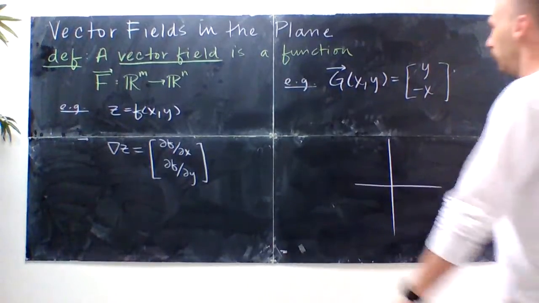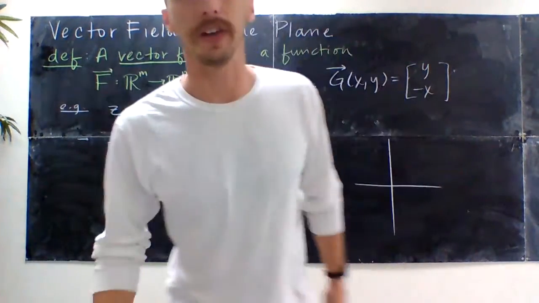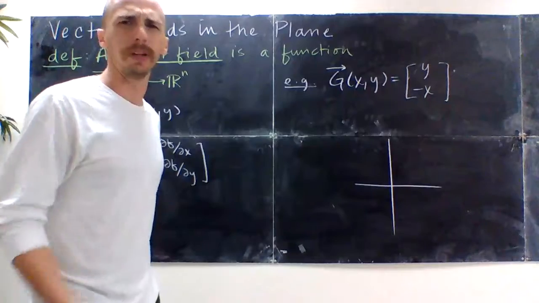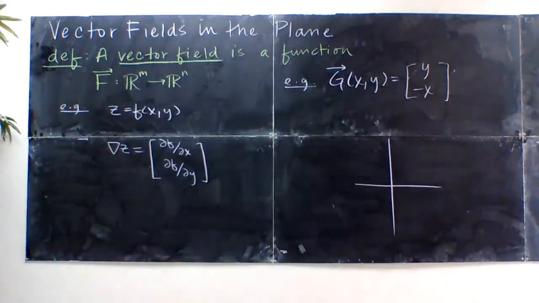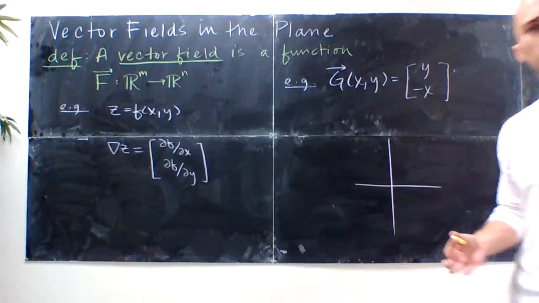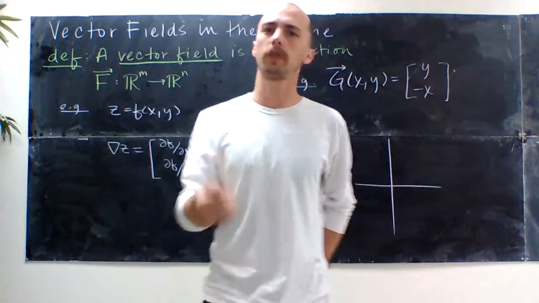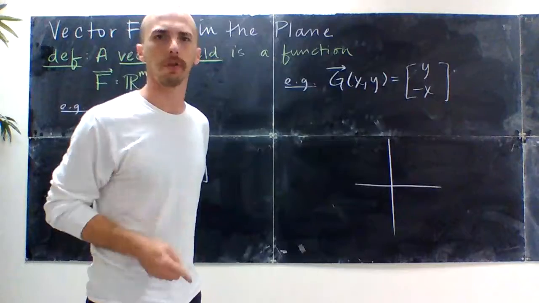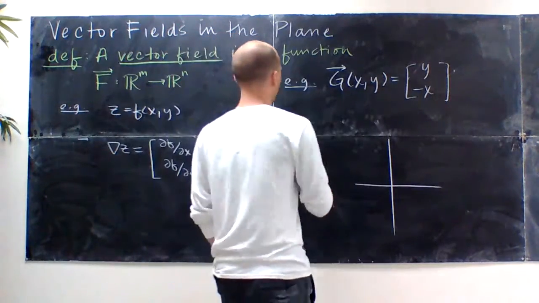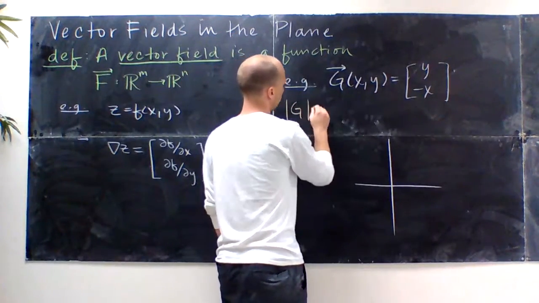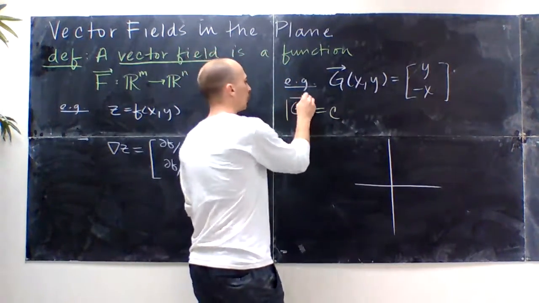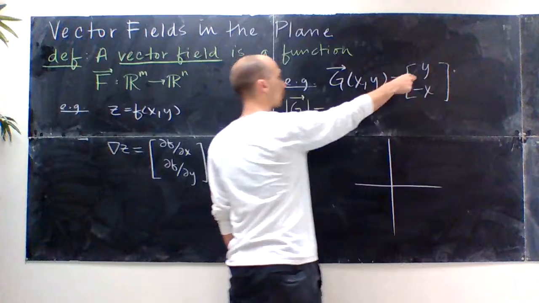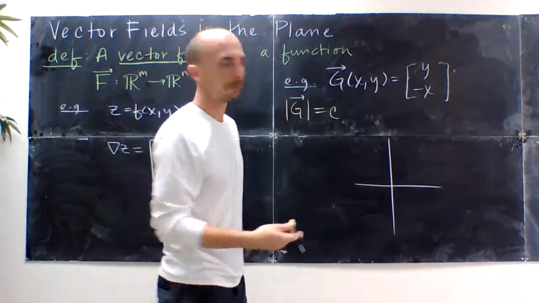This is actually what they did in the textbook, and I think it'll be a much faster way to go. Let's think about where these vectors are the same length. This could help us sketch our field. So, where is the length of g a constant? We know how to find the length of a vector: we take its components, square them, add them, and take the square root.